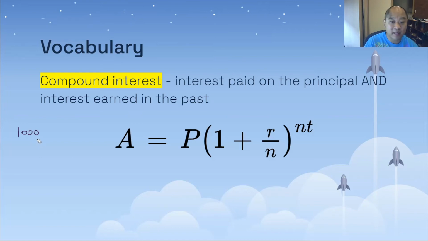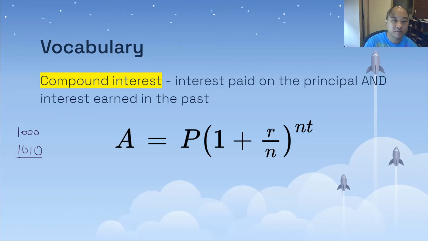So let's say that after the first month you don't pay anything, and that it becomes $1,010. Well, now you pay interest on this amount. And then the next month, it's not going to be plus $10 anymore. It'll be slightly more than that. And so as time goes on, your interest becomes more and more, because the amount that is multiplied becomes more and more.